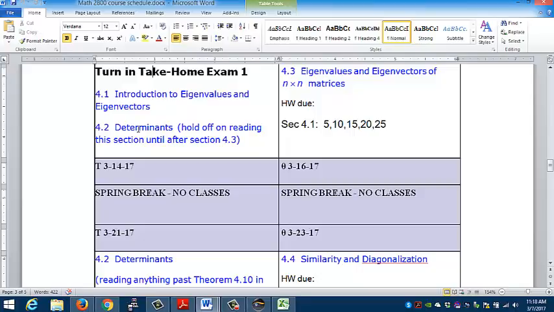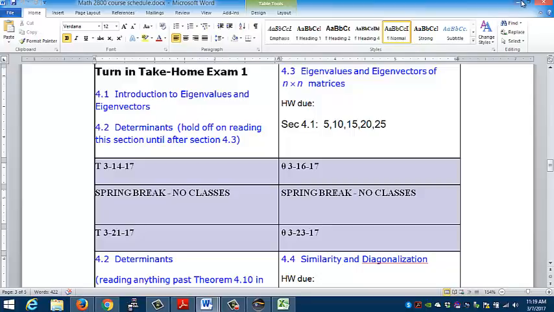But I said don't read it, because it's a long section, so we'll read that over spring break. We'll come back and take a quiz on that after spring break, that Tuesday. I want to talk more about eigenvalues and eigenvectors. In my mind, that's more important. You'll see why. We get a nice equation with determinants.